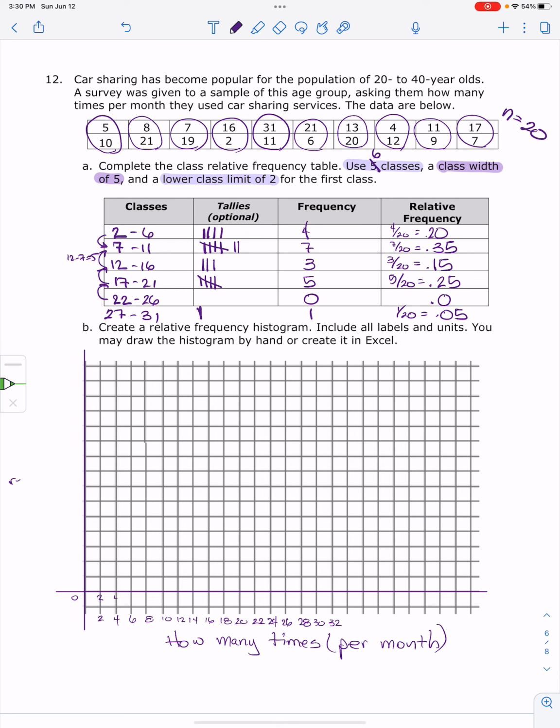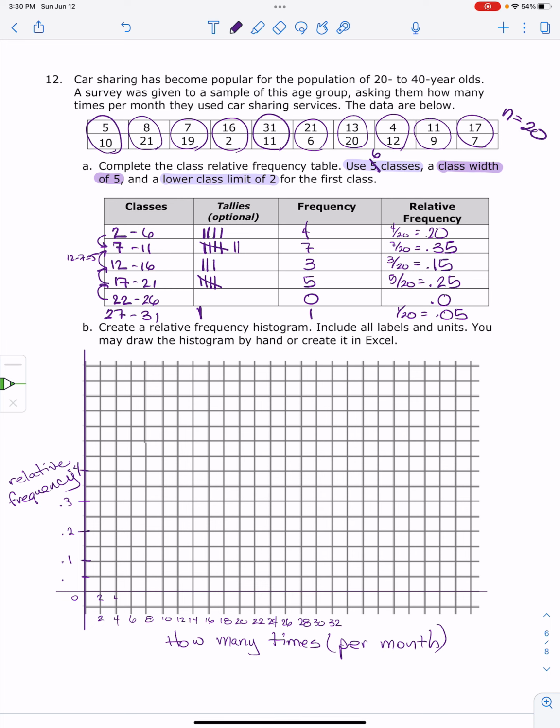And this is our relative frequency. Keeping in mind that if we were just filling in the values, our counts, the graph would look the same.